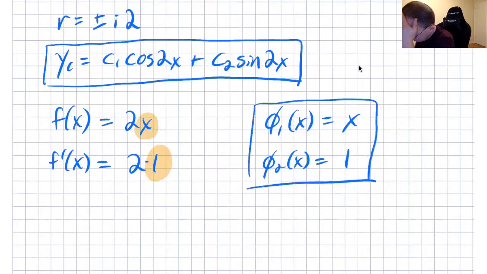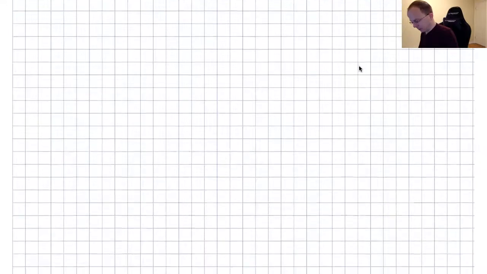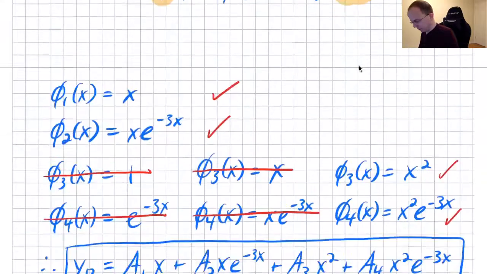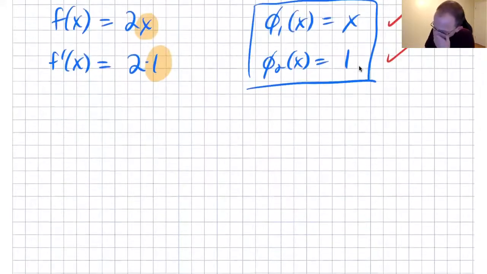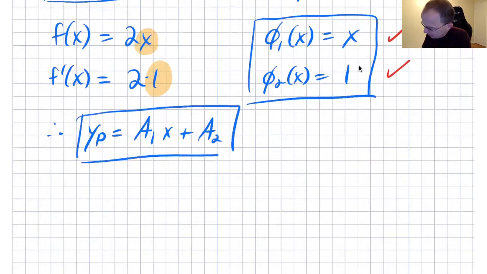So there's our terms, and we check, are they solutions of the homogeneous equation? No, they're fine. So those are both fine. All right, so therefore, the particular solution is a1 x plus a2 times 1. So there's our particular solution.